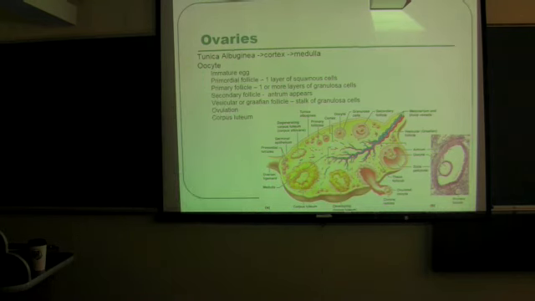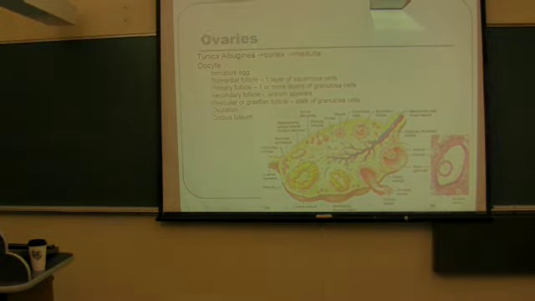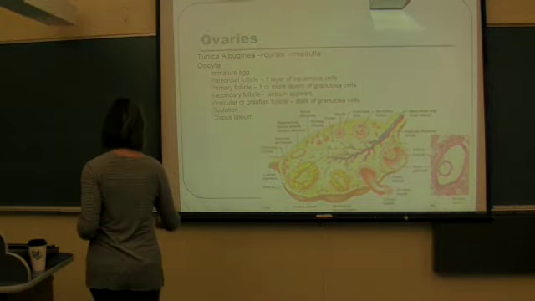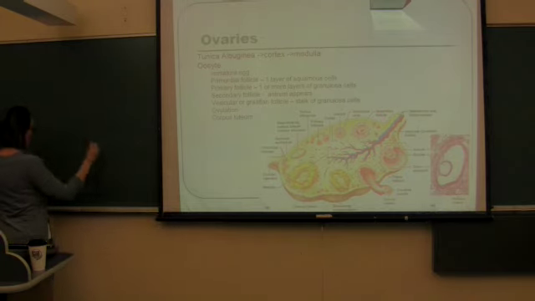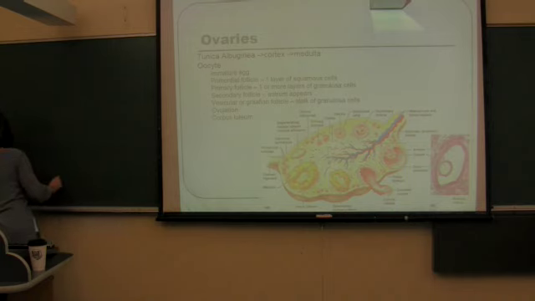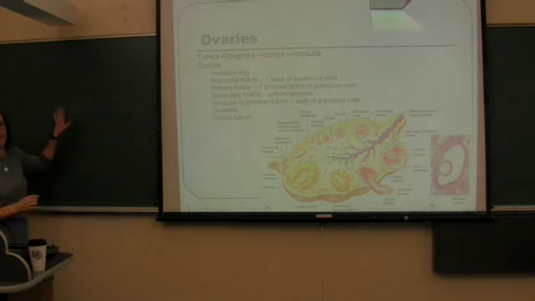So let me draw that for you as much as I can. I make no promises with my drawing. Okay, so primordial, really thin layer of cells, and it looks like a little fuzzy egg.